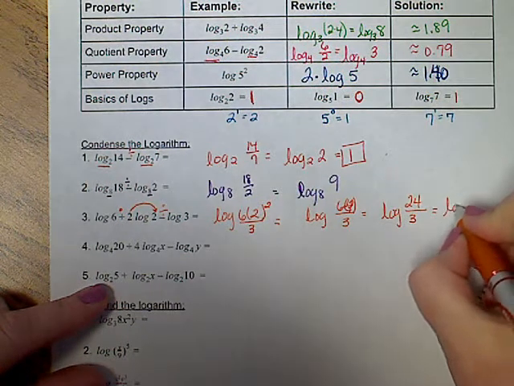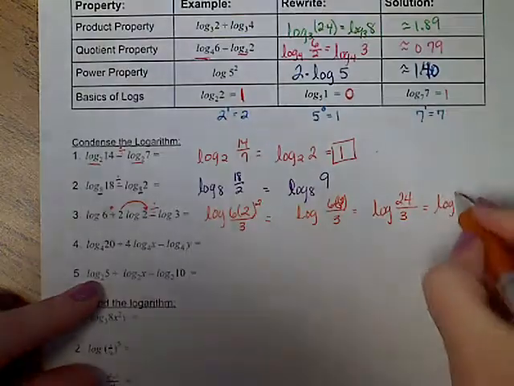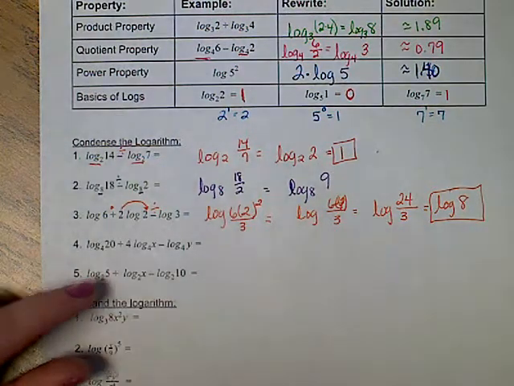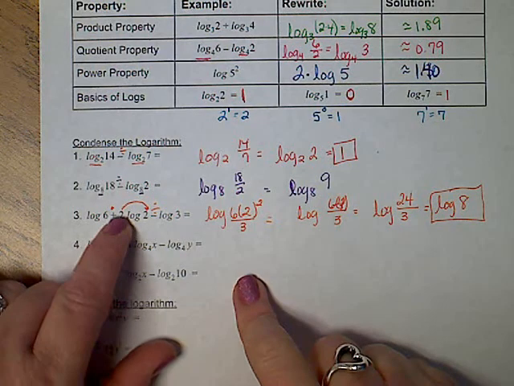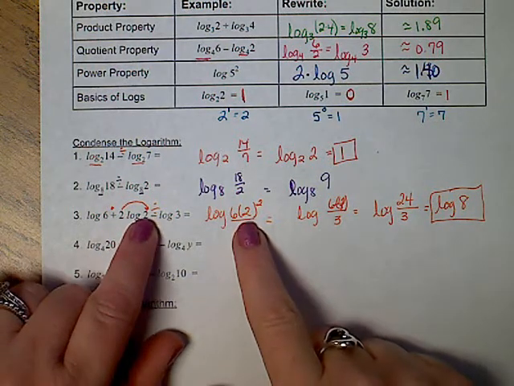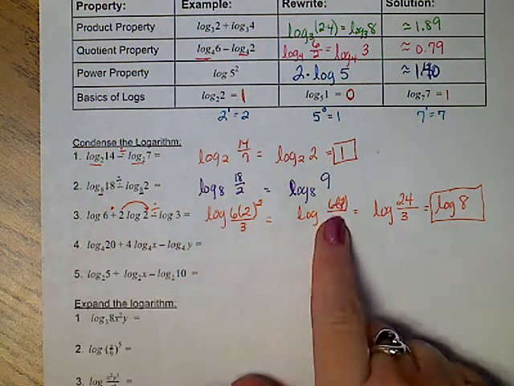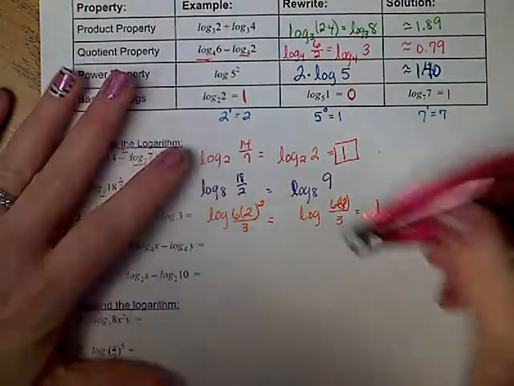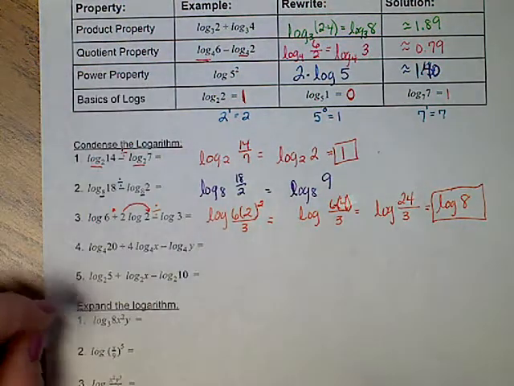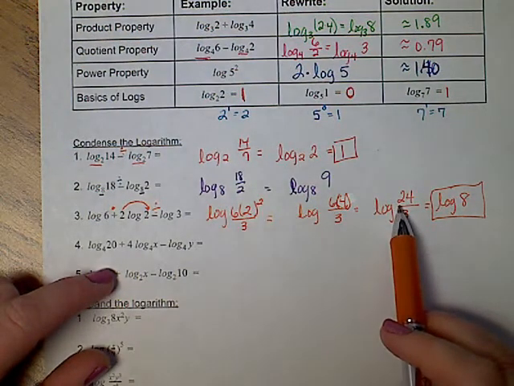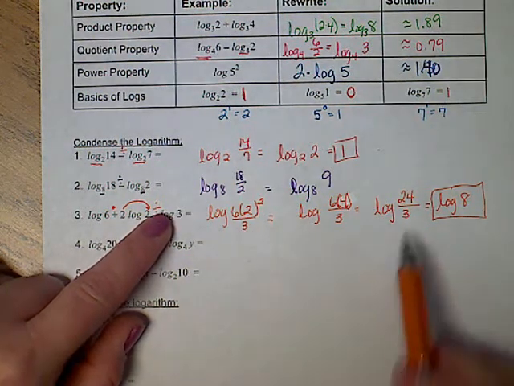And make sure you check in your calculator, 24 divided by 3 simplifies to 8. So when I condense, this is the correct answer at the end. Again, the 2 out front becomes the exponent on that argument. And I square the 2 to get 4. Sorry, you can't see that very well. Let me fix that. So this should be 4. Okay? And 6 times 4 is where we got 24. 3 was division the whole time.